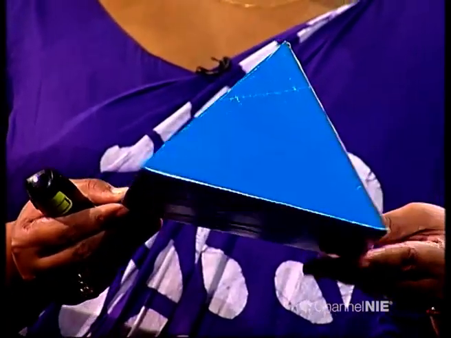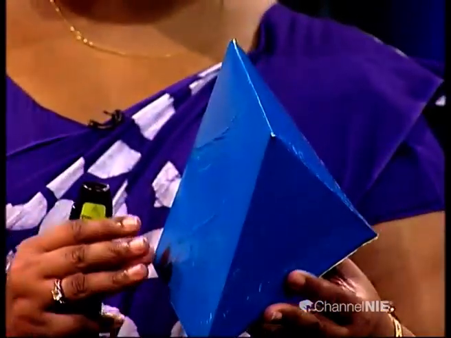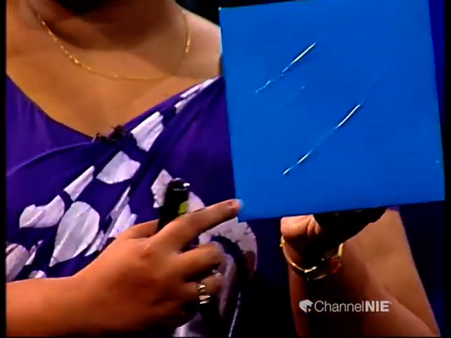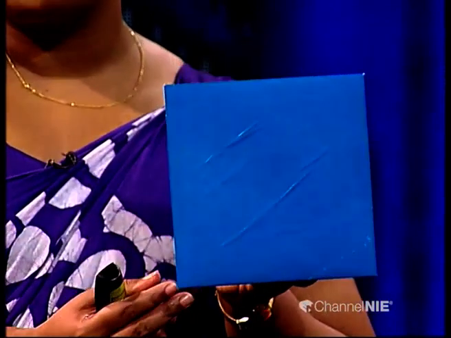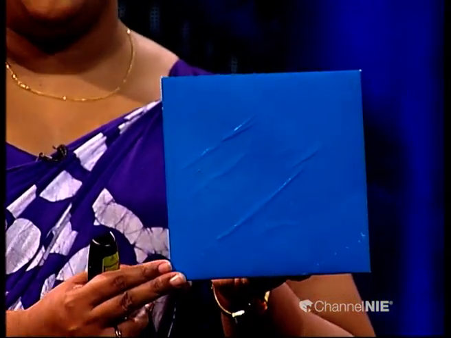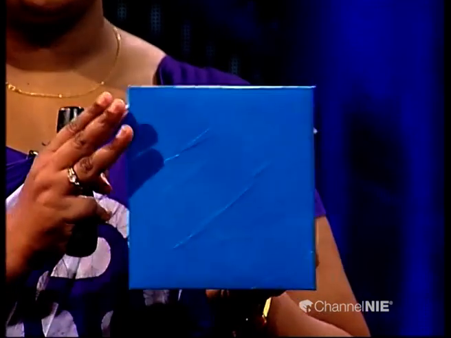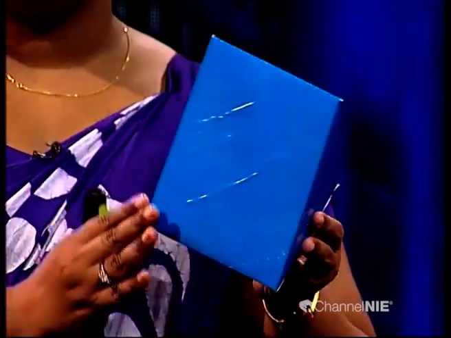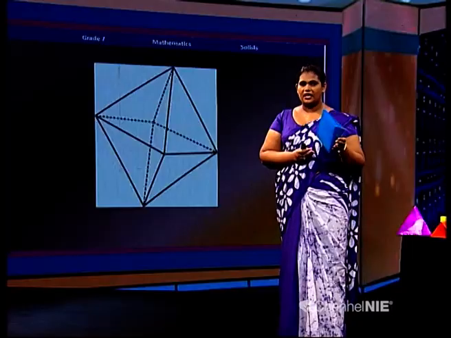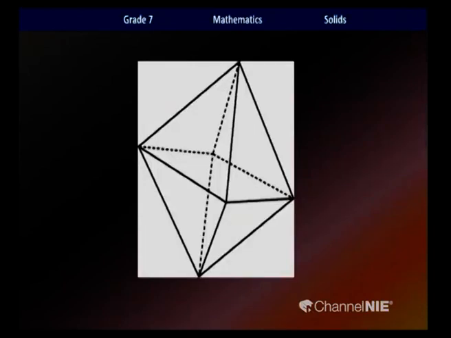They have taken two such square pyramids and pasted those two together, coinciding this square face. Coinciding means pasting one on the other. Look at this figure. I have shown the composite solid in this figure. They have pasted two square pyramids together and then made the composite solid.